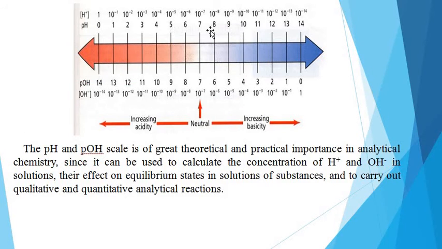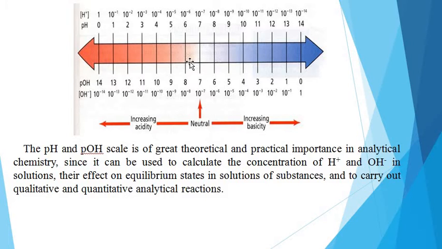As we see, by increasing acidity, the concentration of hydrogen ions is increased, and by increasing basicity, the concentration of hydrogen ions is decreased. So, by increasing acidity, the pH value is decreased, and by increasing basicity, the pH value is increased.